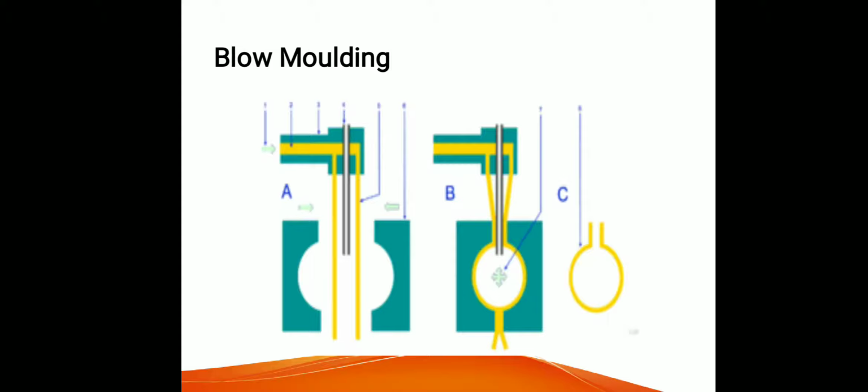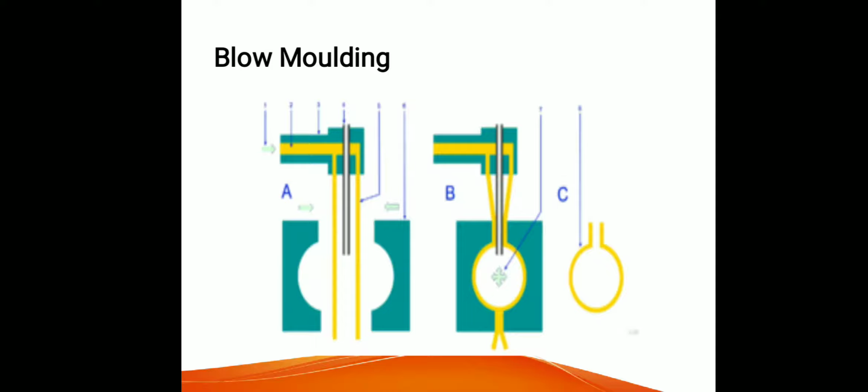After cooling, the mold is opened and the product can be taken out. The advantage of blow molding is that it has a very low tooling cost, and also the production rate is higher.